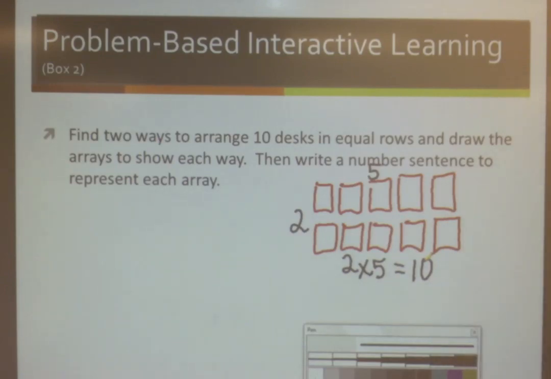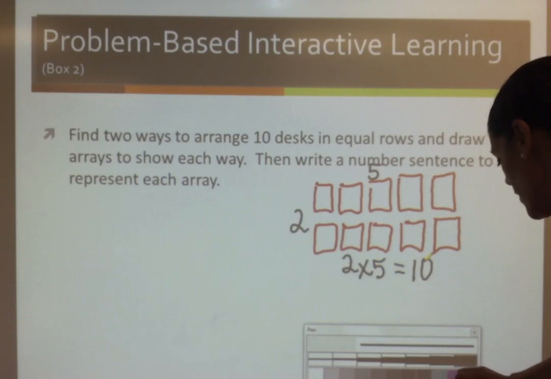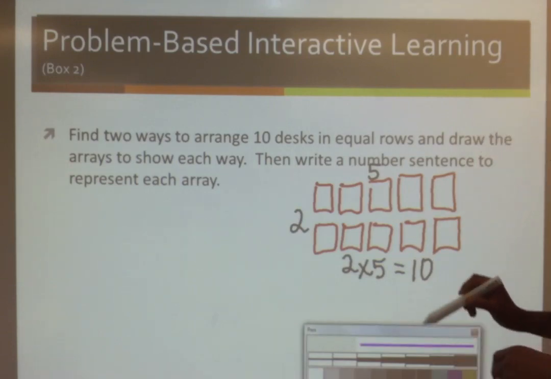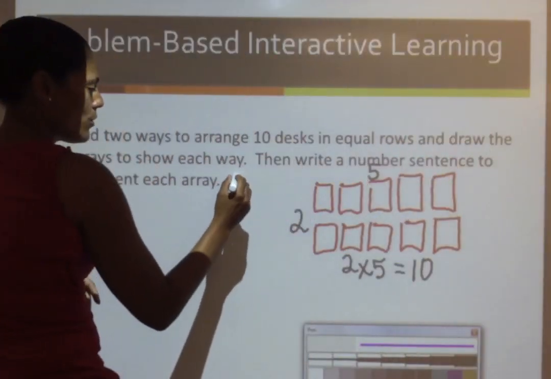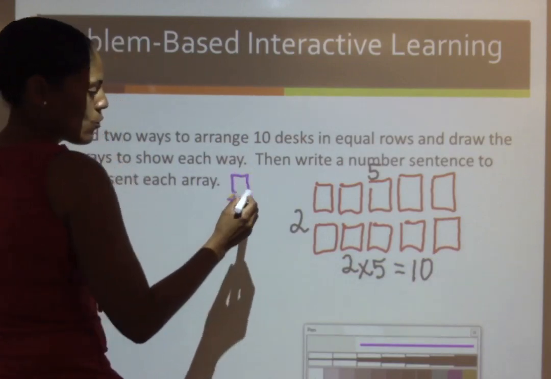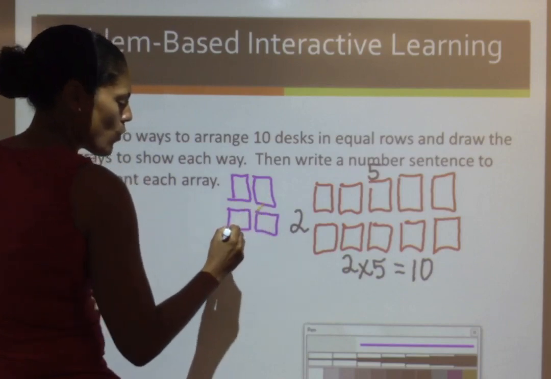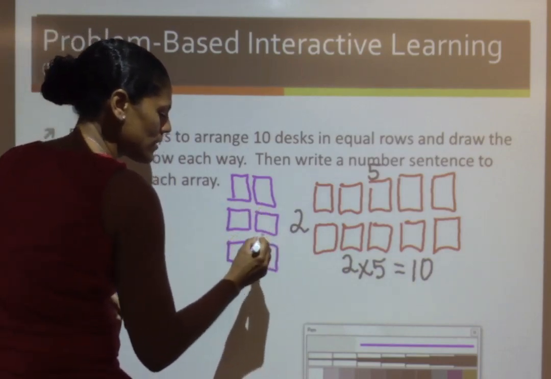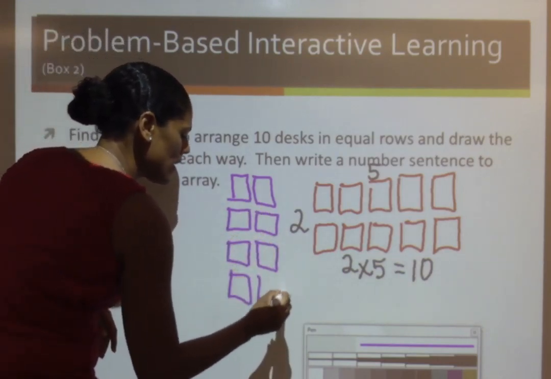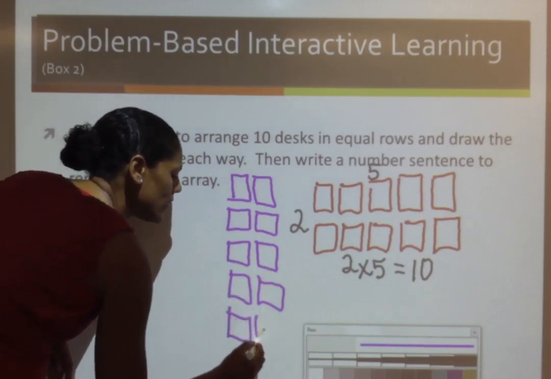Now, is there another way that I can draw my desks so that they still are in equal columns and rows? All right, so I have 10 desks. Let's see, how else can I draw this? 1, 2, 3, 4, 5, 6, 7, 8, 9, 10.